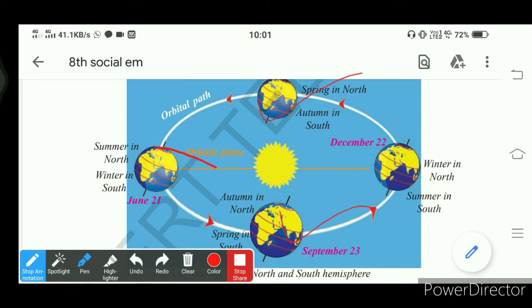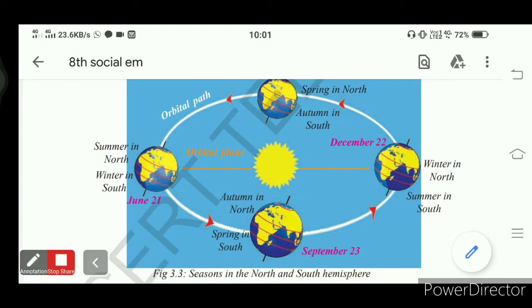There will be equal day and equal night throughout the earth. Understand? That is, 12 hours of daytime and 12 hours of night time. So equal day and night is observed on September 23rd and March 21st, so they are called equinoxes.